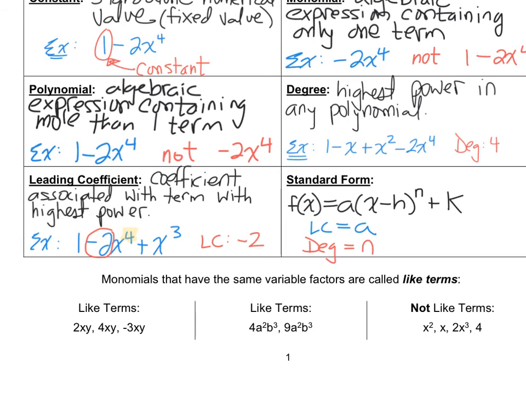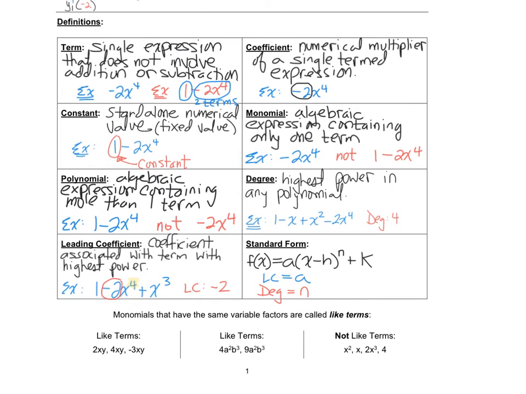Here, x, y, x, y, x, y. Here, a squared, b cubed. Same deal here. But here, they're not like terms because even though I have x's, they're all raised to different powers. All right, so definitely not like terms. But negatives are still like terms. Mm-hmm. Exactly.